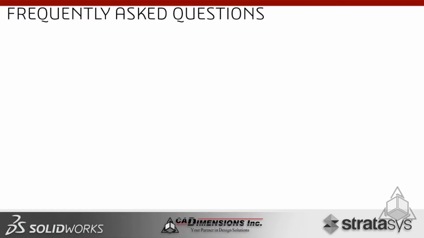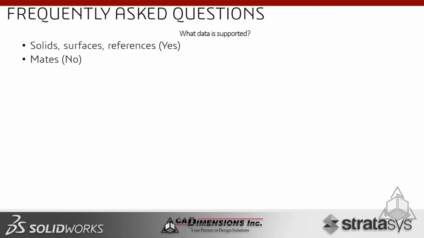Now, a couple other frequently asked questions that I want to make sure we get out of the way here. Are solid surfaces and references supported? Yes. So surface models will work as well. Currently, we do not support mates, so you're not going to be able to import an assembly that has movement and keep it intact with an external link like we have it today.